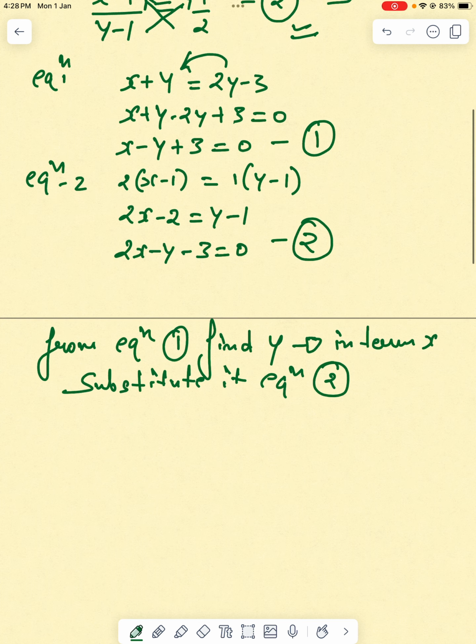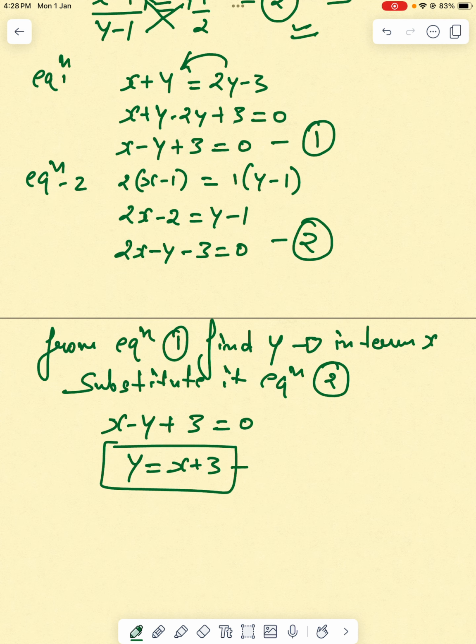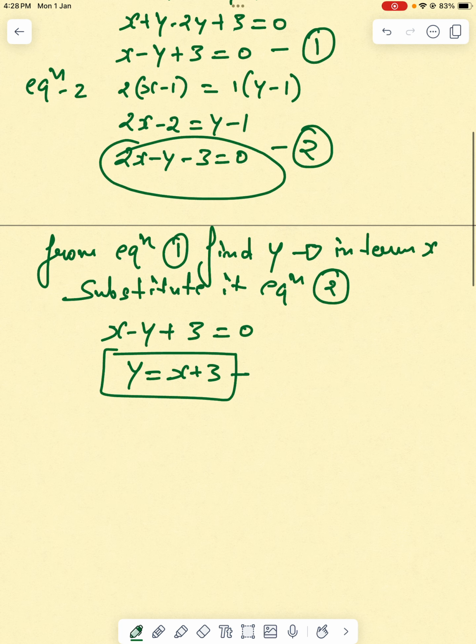Equation number 1 is x minus y plus 3 equals 0. Take y on the other side, so y equals x plus 3. Put it in equation number 2, and we will get the value of x. This is our equation number 2.